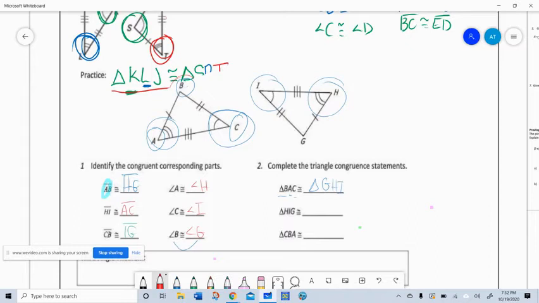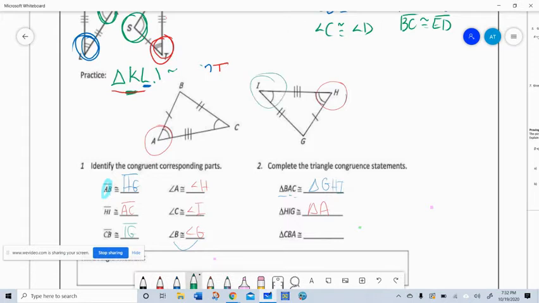Let's do something similar for HIG. So HIG, let's see. H corresponds to A. So this would be triangle A. The I corresponds, oh, I'm sorry, I have that wrong.